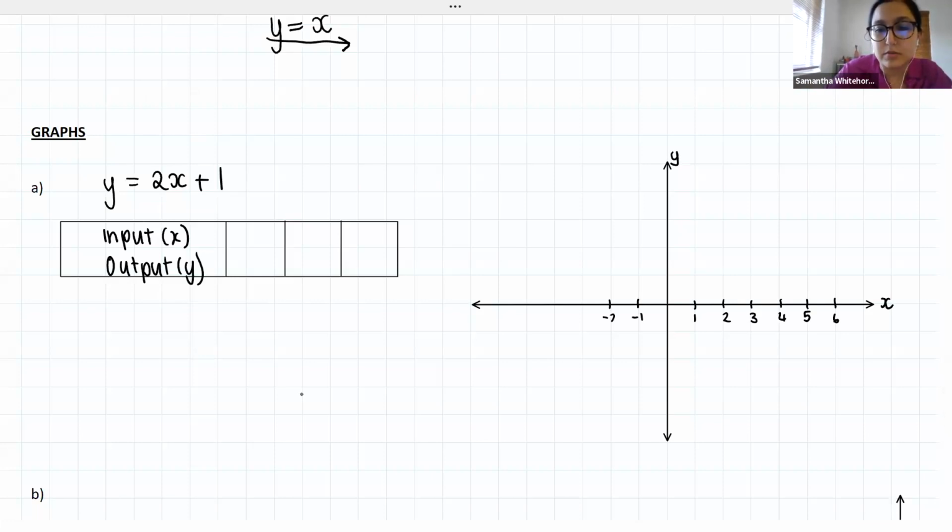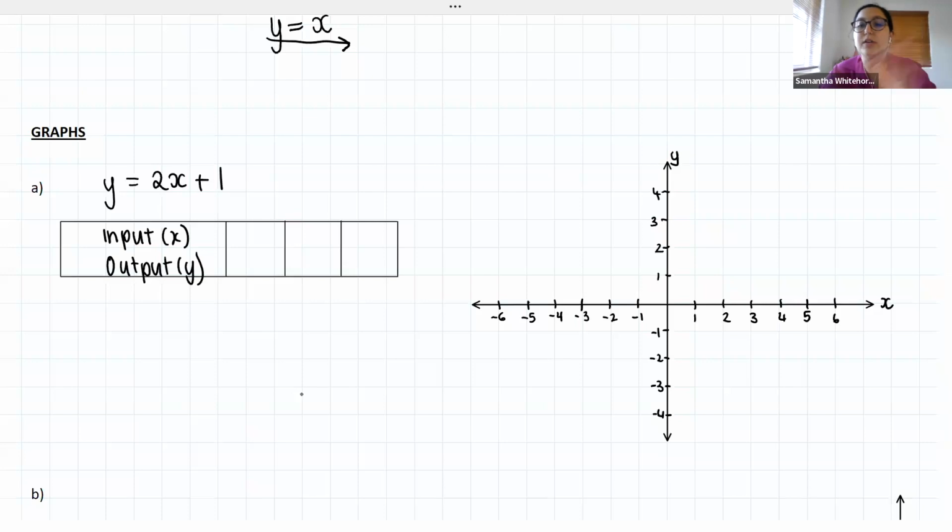They form this sort of cross, and they are two sets of number lines that we are working on in order to plot certain points.